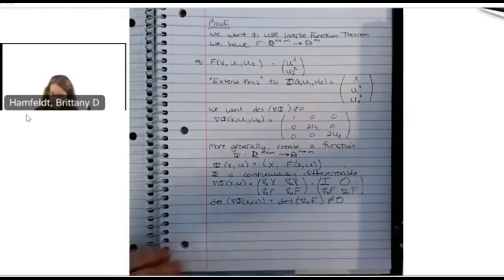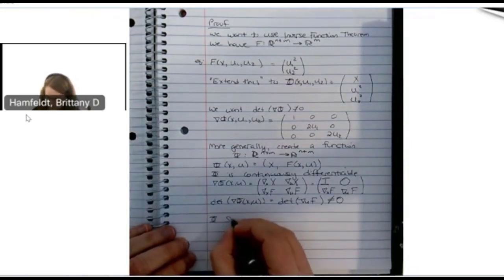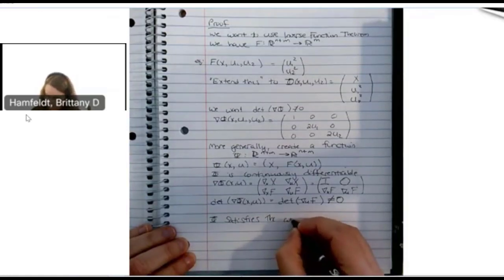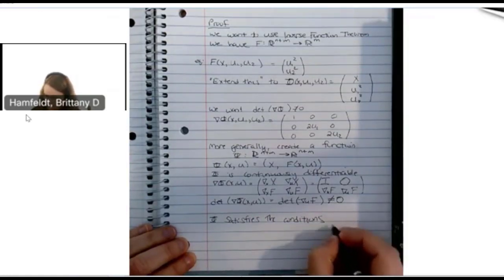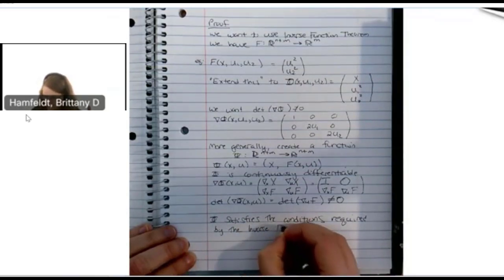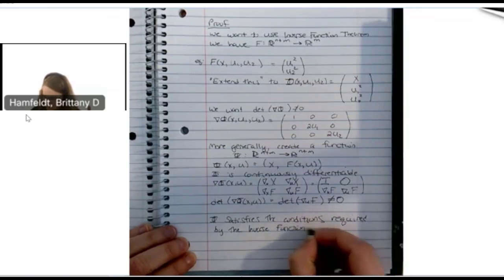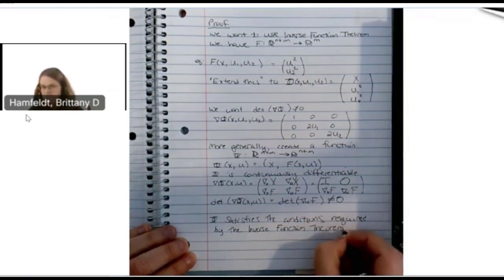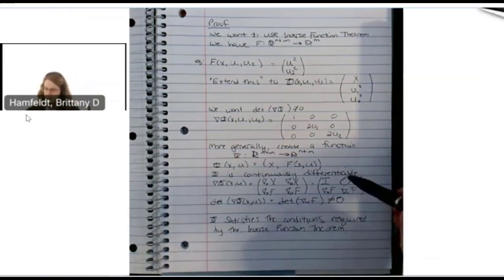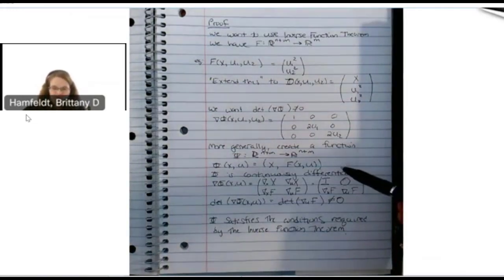So we can conclude phi satisfies all of the conditions required by the inverse function theorem. All right, so this is our mapping. Are we happy with this? Any questions here?